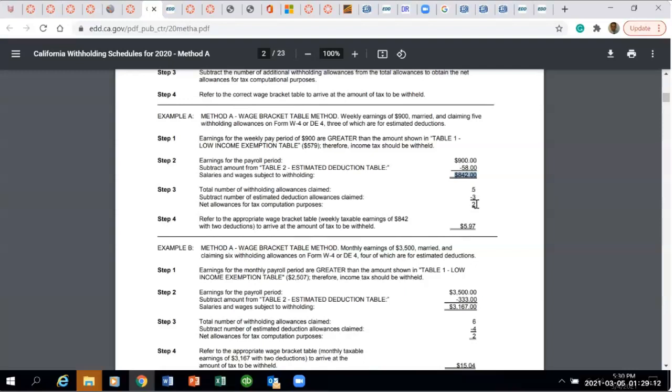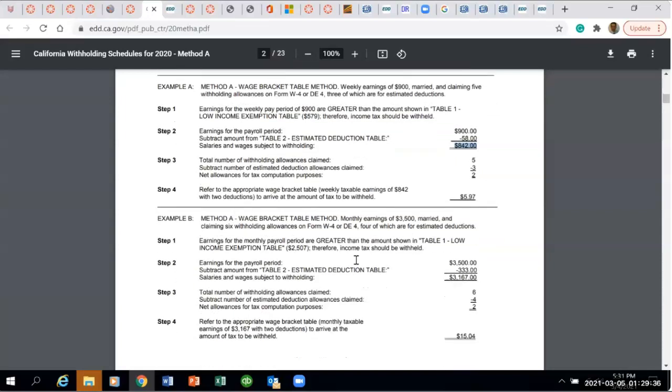We just focus on the real allowances, which is just 2. Now refer to the appropriate wage bracket table, weekly taxable earnings of $842 with 2 allowances, to arrive at the amount of tax.